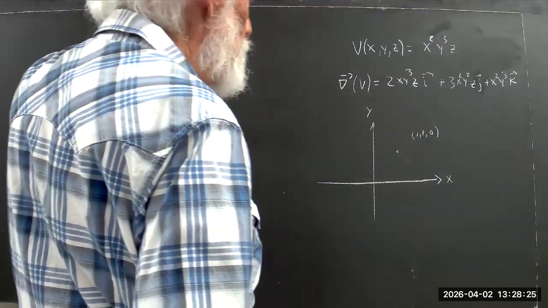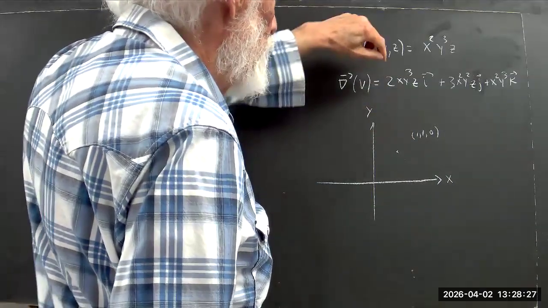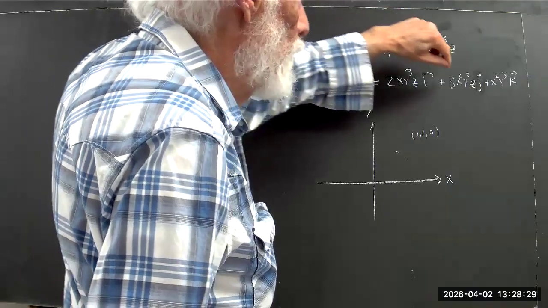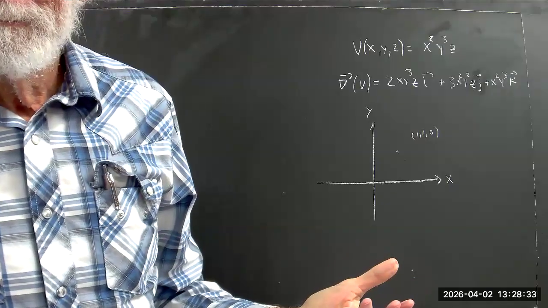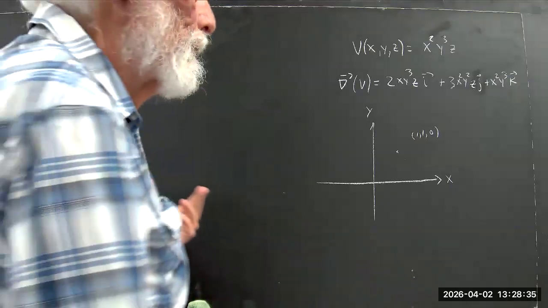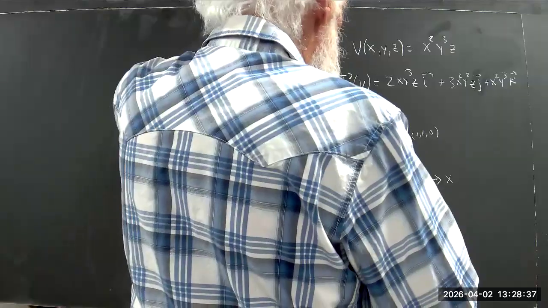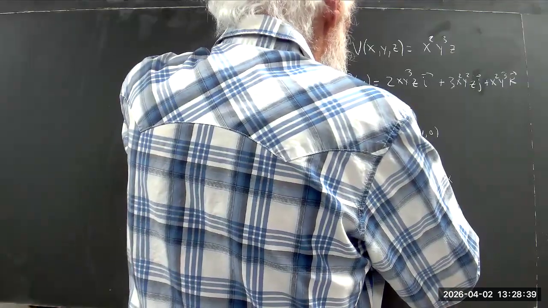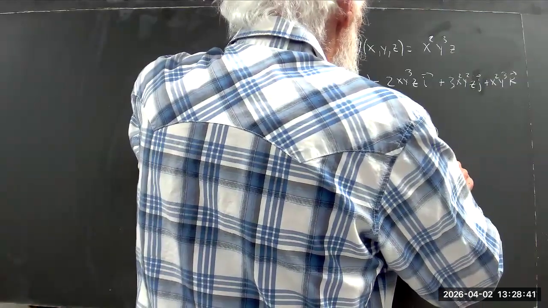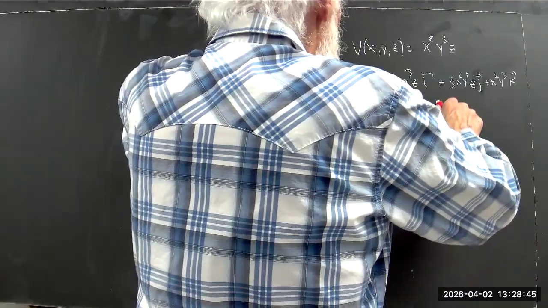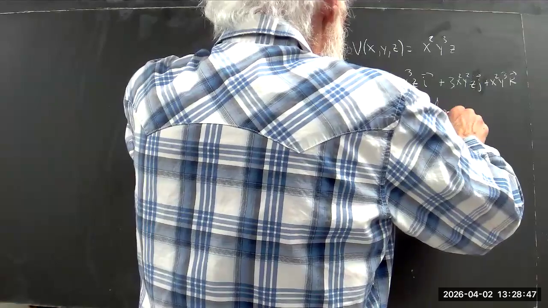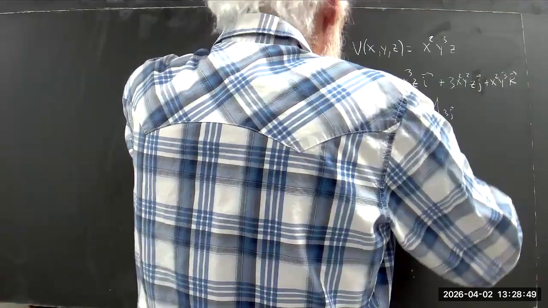At point 1, 1, 0, then you're going to have 2i plus 3j. Make sense? Okay, so you've got a vector, 2i plus 3j.